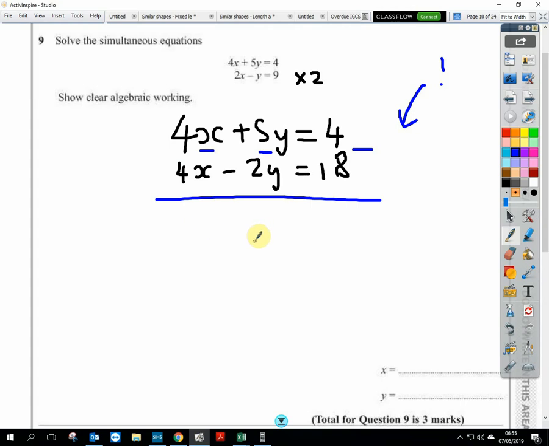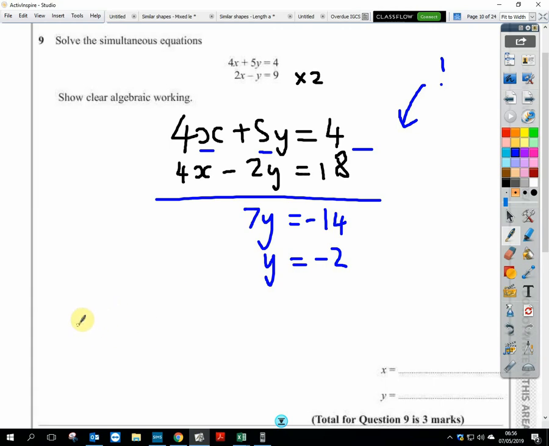4x minus 4x, bye-bye. 5y minus 2y is 7y, and 4 minus 18 is negative 14. So y is equal to negative 14 divided by 7, which is negative 2. Okay, just substitute to work out the x now.